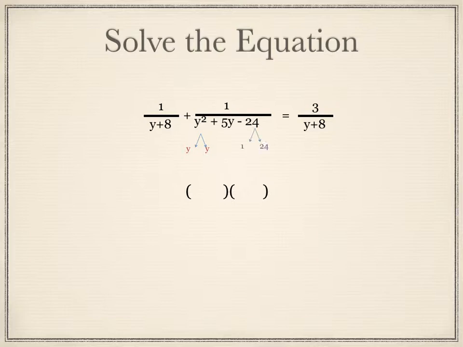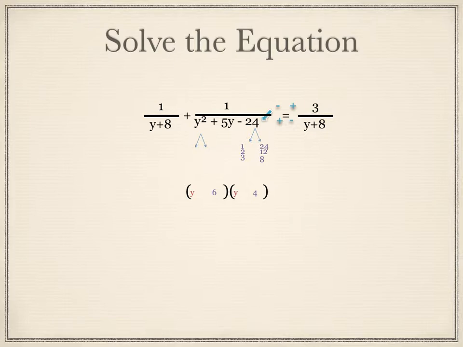Break down the 24. We can break it down to 1 and 24, 2 and 12, 3 and 8, or 4 and 6. We're going to go ahead and put our y's in. Then we're going to go ahead and try our 6 and our 4, because those are our closest numbers together. And then do the O and the I of FOIL. Oh, first determine our signs.